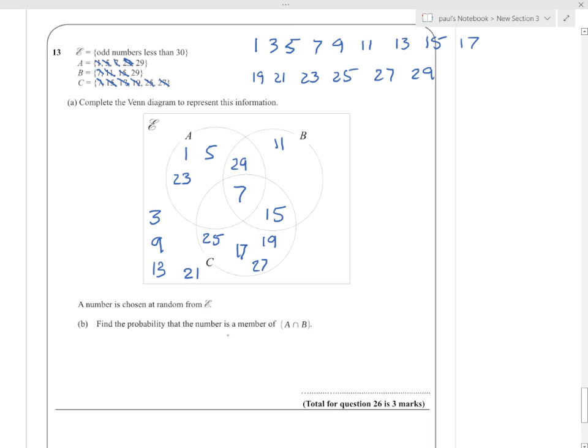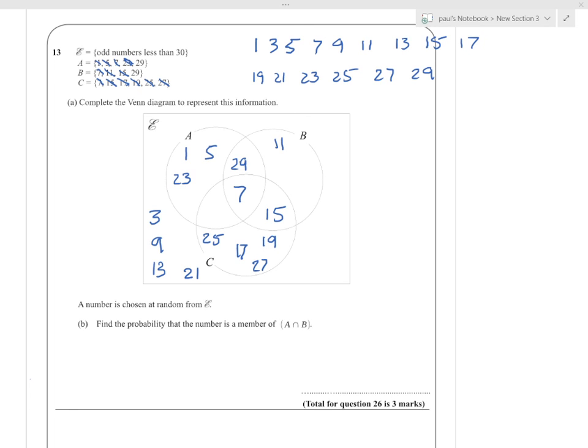Okay, so find the probability that the number is a member of either A or B. And A and B. So it's got to be in either A and it's got to be in B. So anything that's in A and B. So all the ones in A are that 1, 5. Oh no, it's not or, is it?